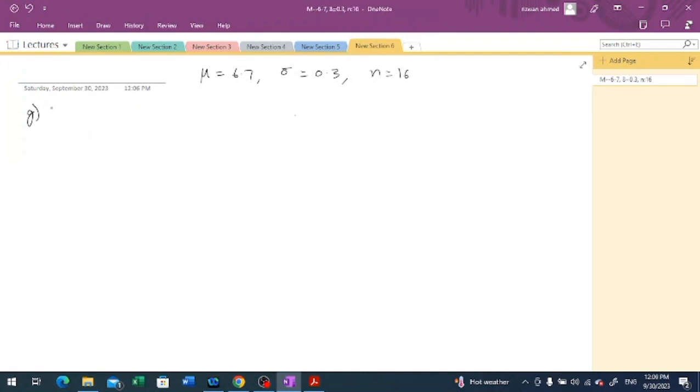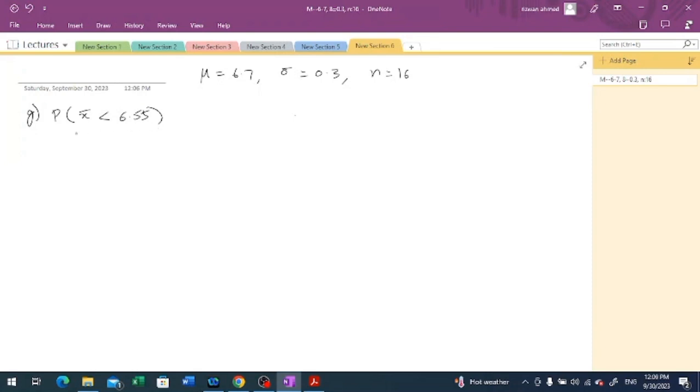Now, let's suppose in part G we are asked for the probability of x bar to be less than 6.55 as we were given. In case of x, the part A description was the probability of x to be less than 6.55.